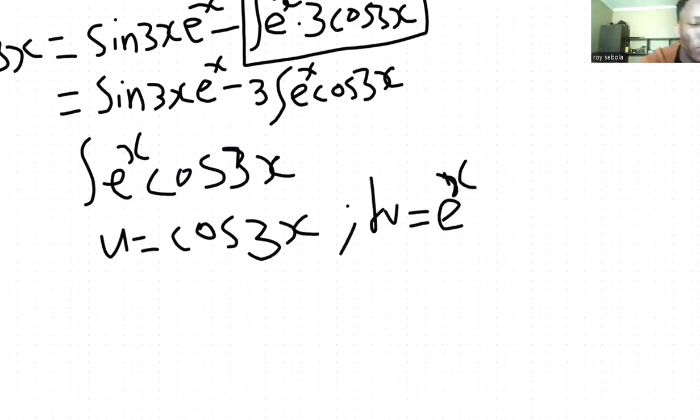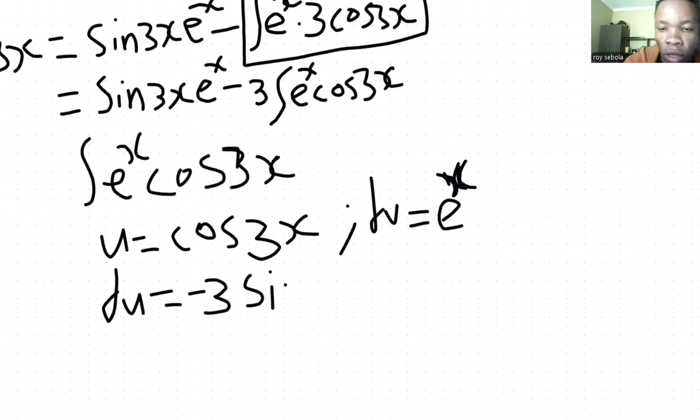So du is equal to, remember when you differentiate cos, you get negative 3 sine 3x. Then v is going to be e to the x.